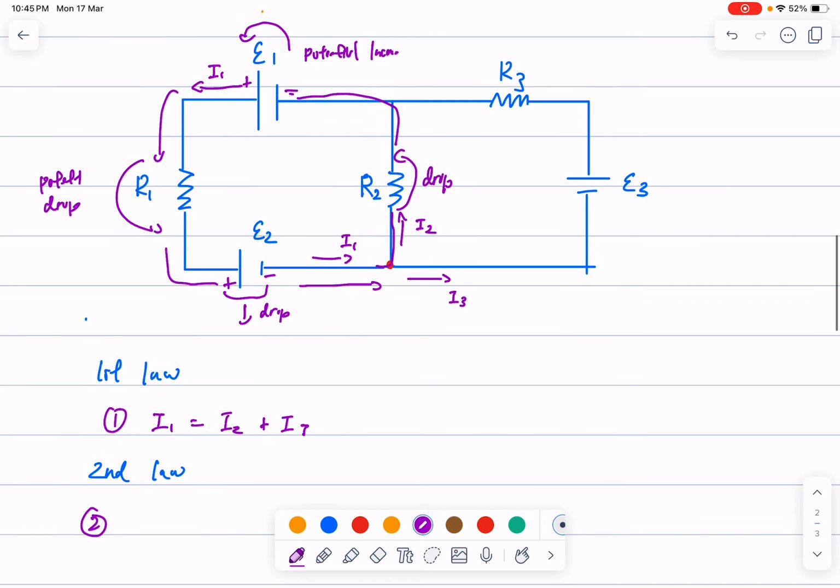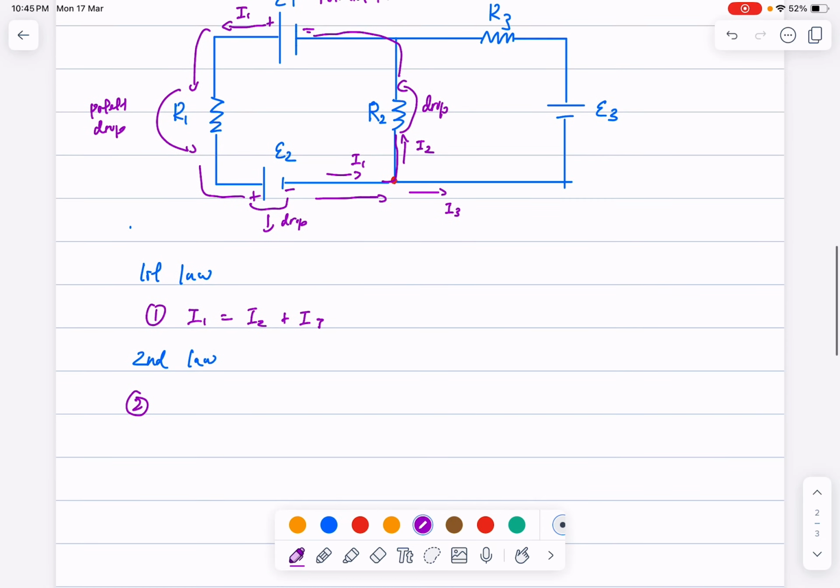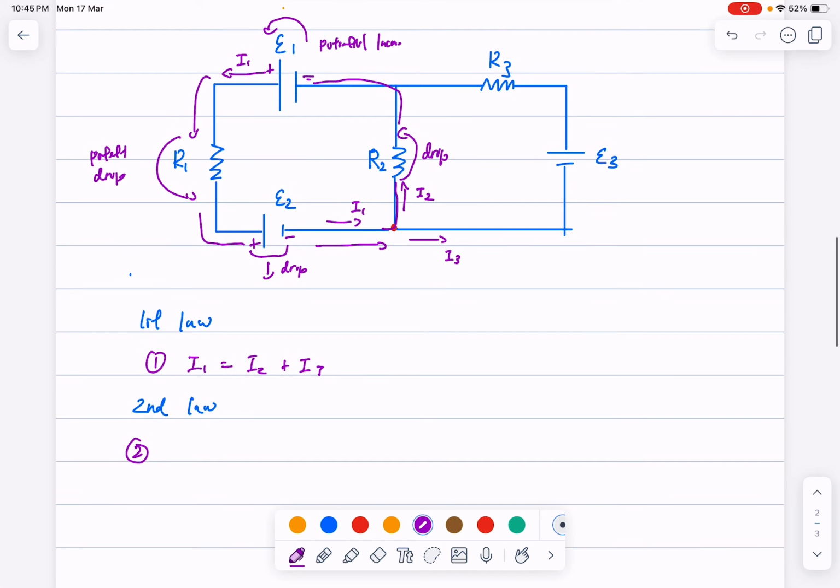So what I will get is epsilon 1 minus I1 R1 minus epsilon 2, minus, notice that the current changes here.